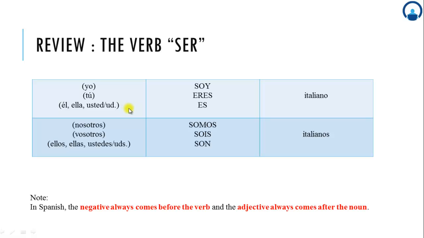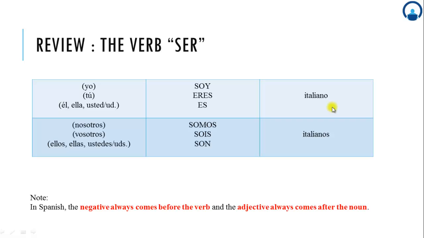But it is also sometimes compulsory to write subject pronouns if you want to emphasize some person. If I write es and an adjective like Italiano, es Italiano, that means él es Italiano, he is Italian. Suppose I want to state that a person is a student, and I write es estudiante.